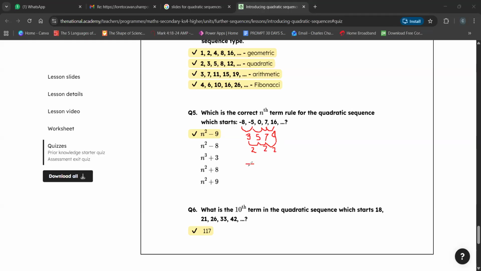So the Tn for a typical quadratic sequence is given by a n squared plus bn plus c.